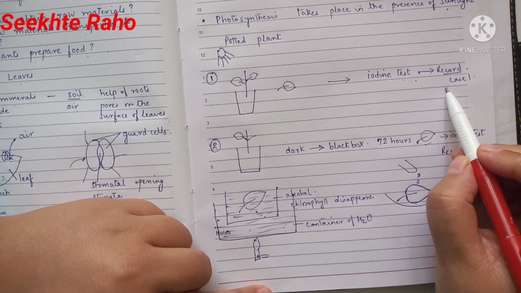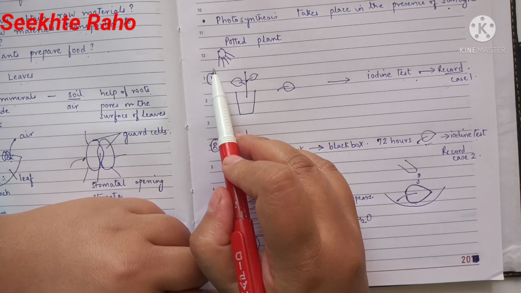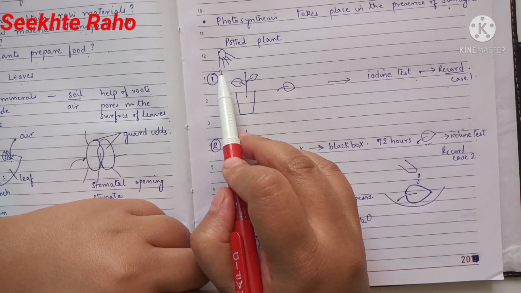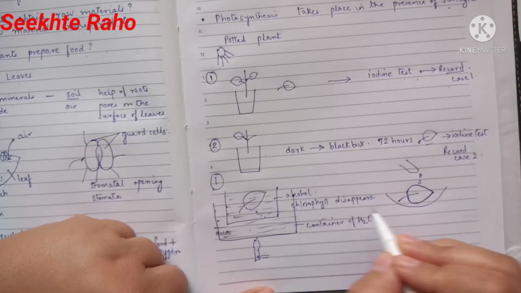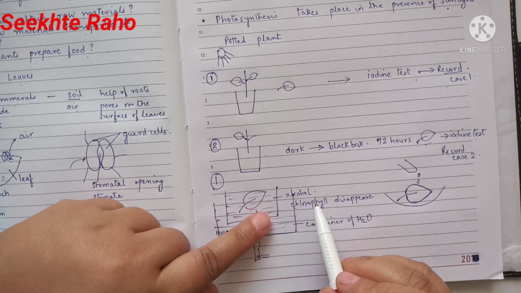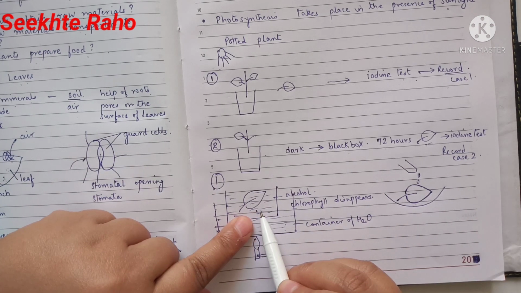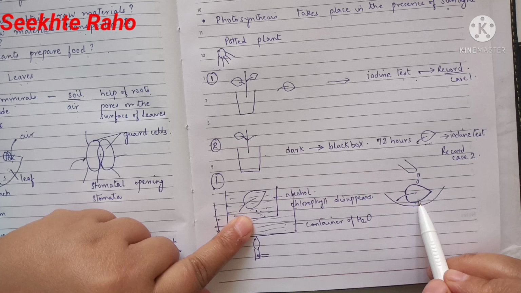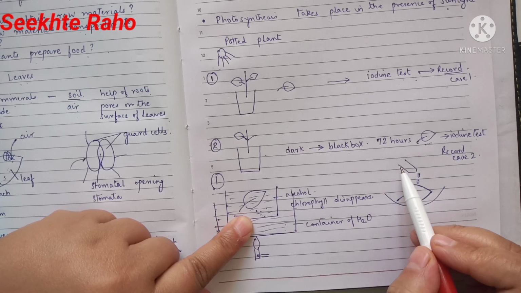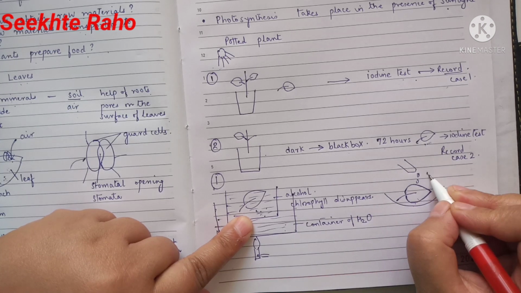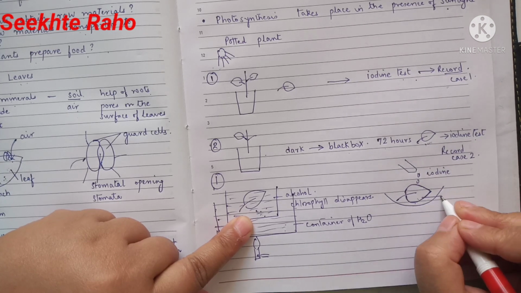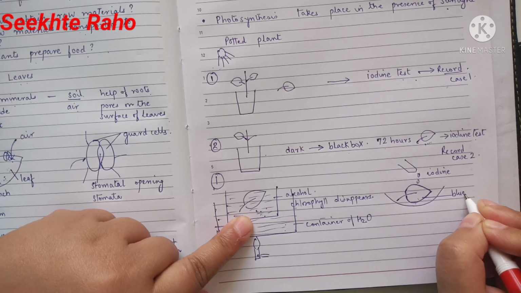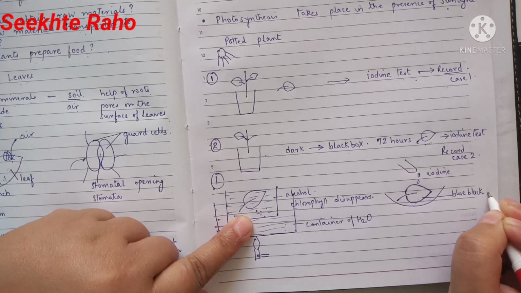In the first case, the leaf was in sunlight, right? Now we are performing the iodine test on leaf 1. We will boil it in alcohol, remove the color, wash it with water, and now we will add 1 or 2 drops of iodine on it. We will see that this turns blue-black in color.